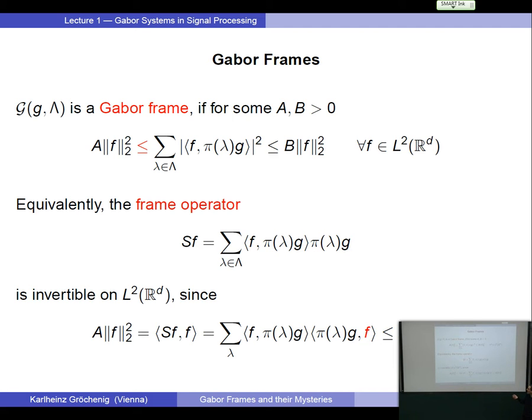We've seen that the underlying operator is the frame operator, and this inequality is equivalent to saying that the frame operator is invertible.